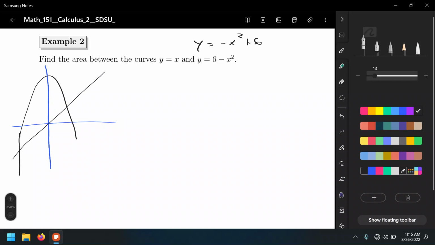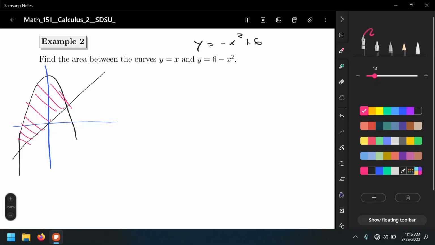They're telling us it's bounded by those two graphs. So let's shade the area. In this case, with this visual we can see which one is the top function and which one is the bottom function.